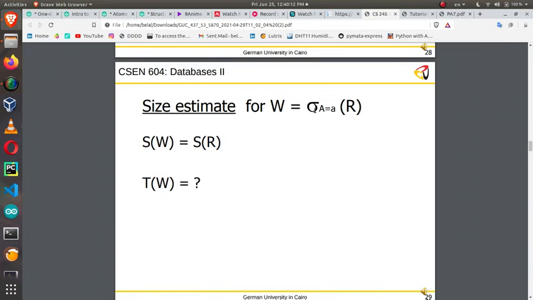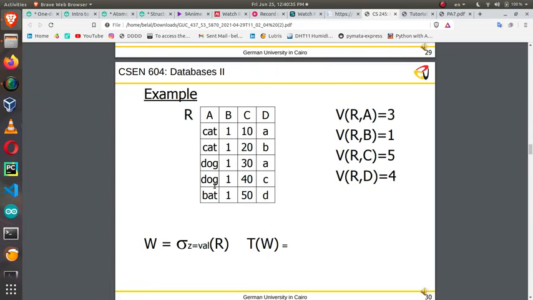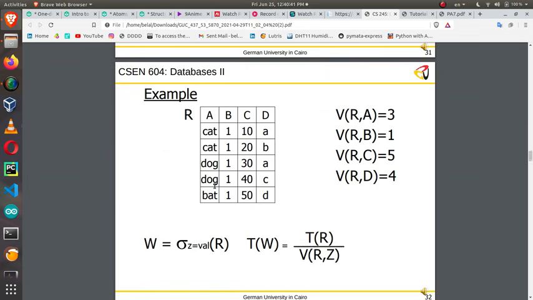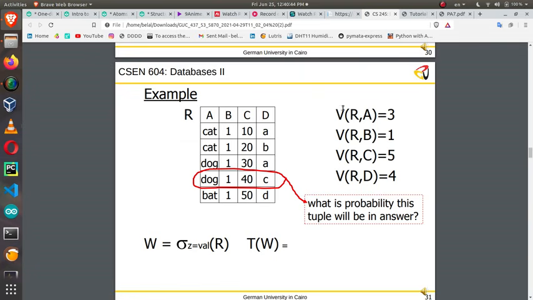Next, select all of the tuples from relation R which have attribute A equal value small a. So what's the number of tuples, okay, that result from executing the following SQL query given this condition. So think about it this way.